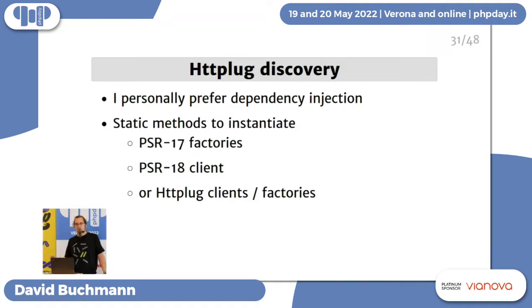I don't care what it is, just find me one. And for all the implementations that we know about, they're implemented in this factory method. So it checks, is this interface present, is that interface present? And the first one it finds that is available, it instantiates and gives it back to you.